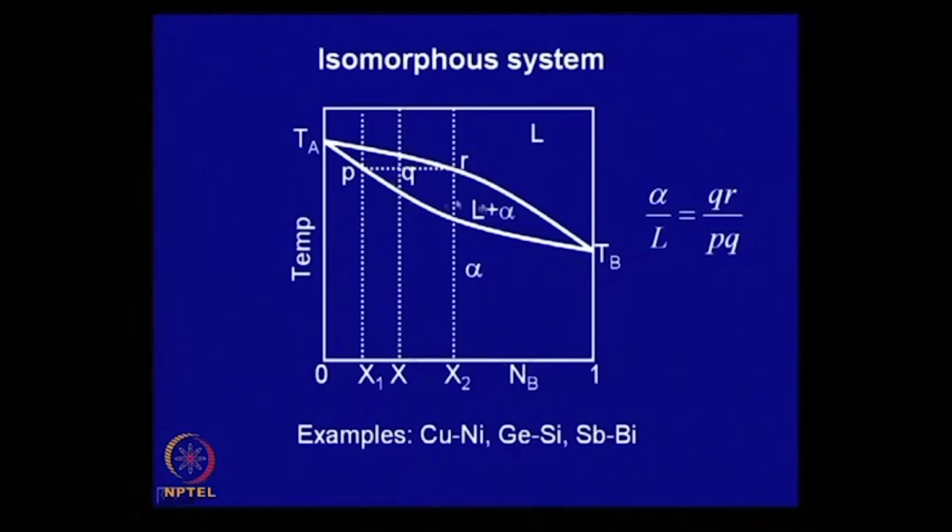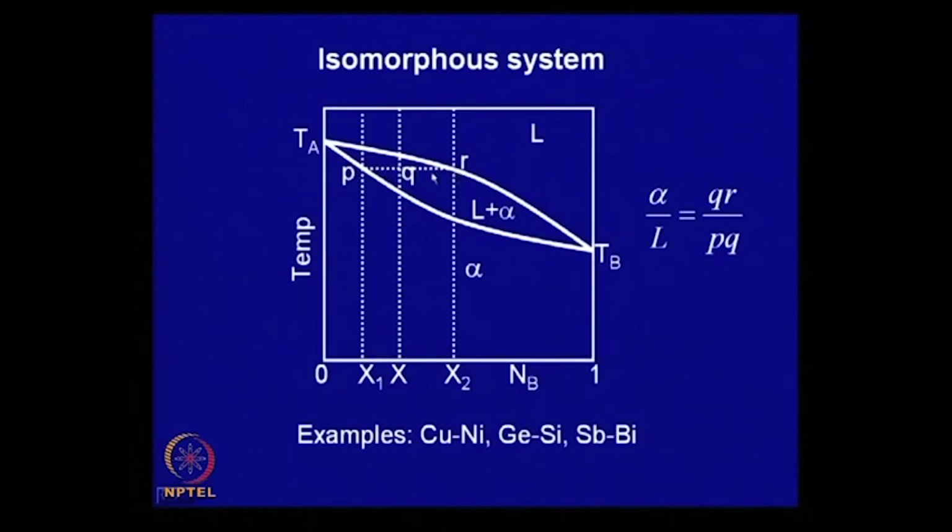Just to recollect, this is the phase diagram of an isomorphous system, and in the two phase region one can apply the lever rule to find the proportions of alpha and liquid which are coexisting.